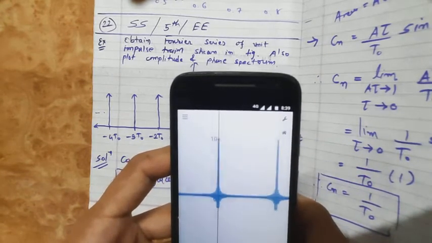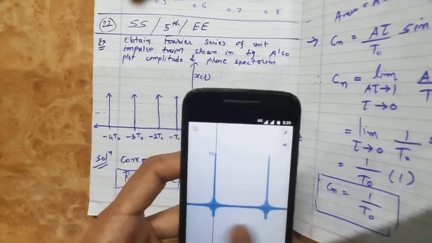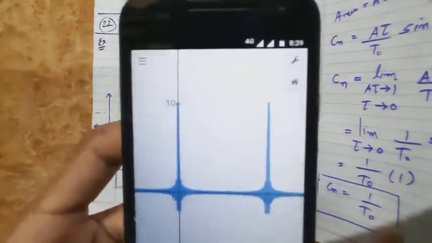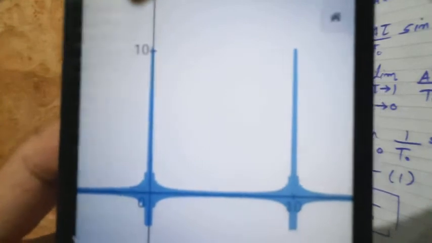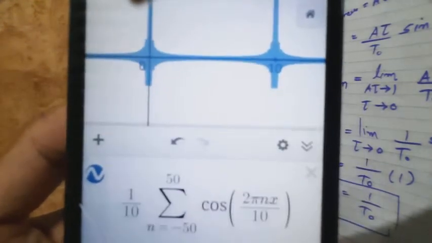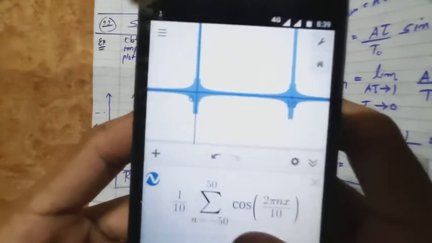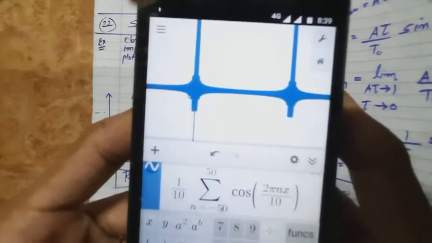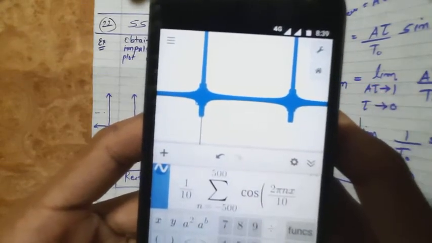See those pictures: 0 to 10 is the fundamental period, and you will have a height of 10 also, and this is your equation. So now let's add negative 500 to 500.